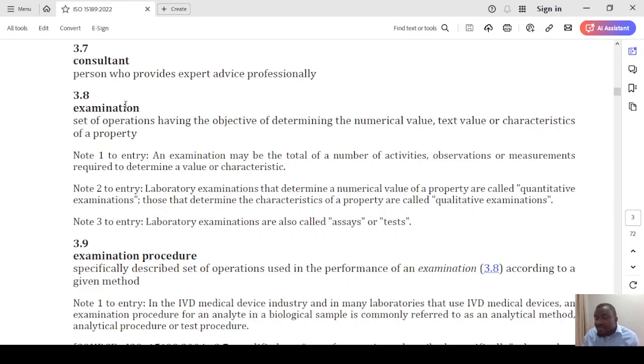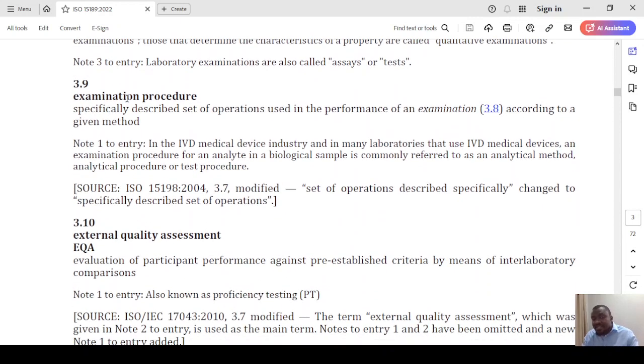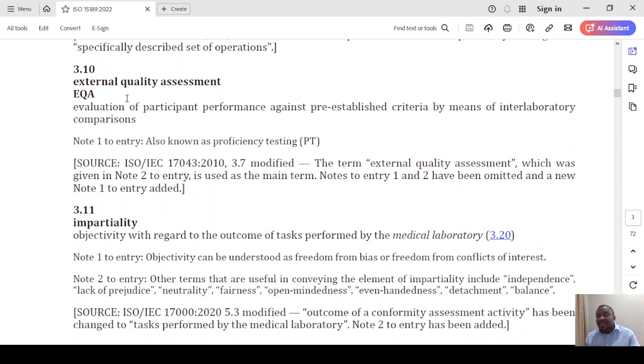Numerical can be 10 grams per deciliter of Hb. Descriptive can be HIV reactive or non-reactive. So everything you do in that process is what they call examination. Then we have a procedure, which is the documented steps that you undertake to obtain that value. That is the examination procedure.